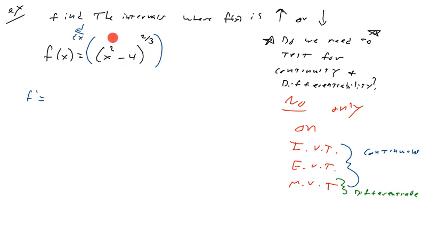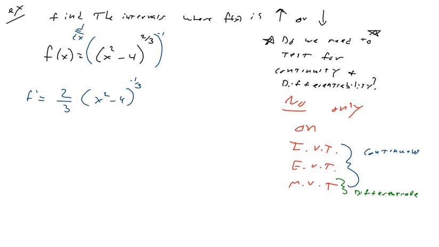Exactly. So let me do the derivative of the outside. My 2/3 times x squared minus 4 to the power of 2/3 minus 1, that's negative 1/3. I'll deal with that when I clean it up later. I just want to get the derivative written down first. Bring the 2/3 down.